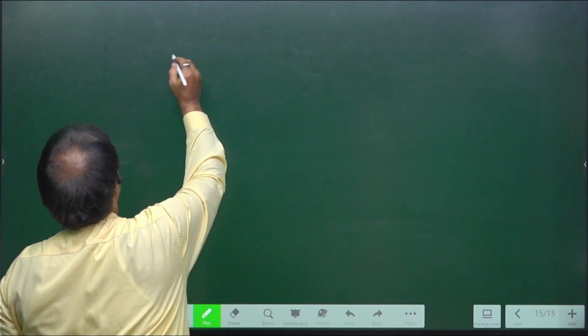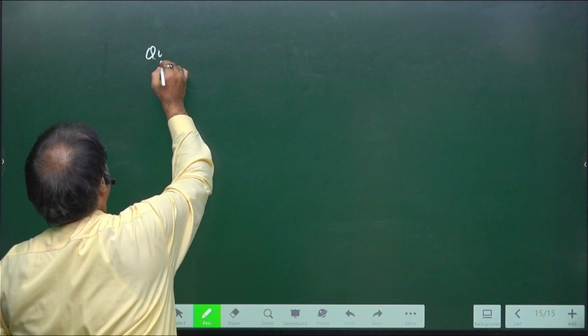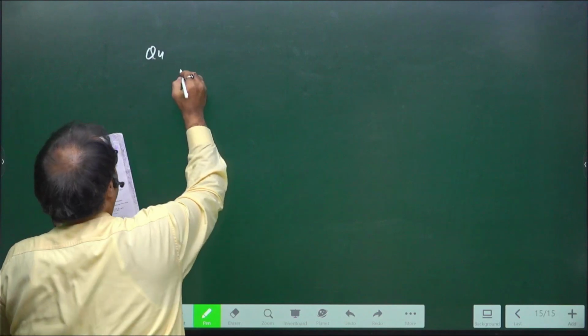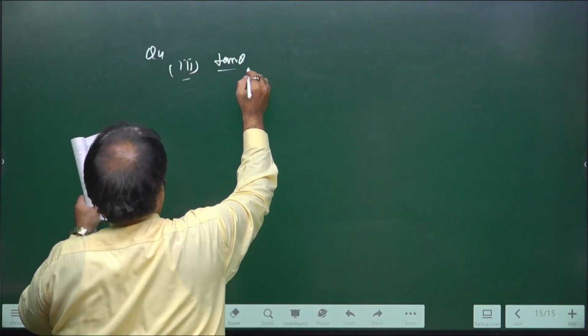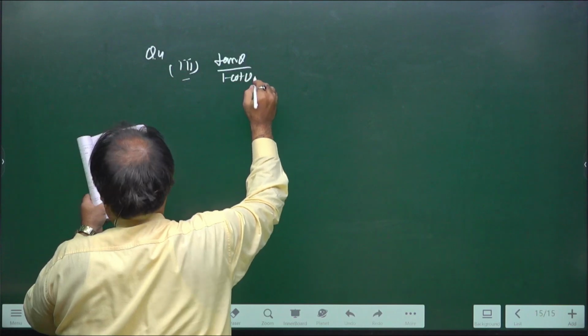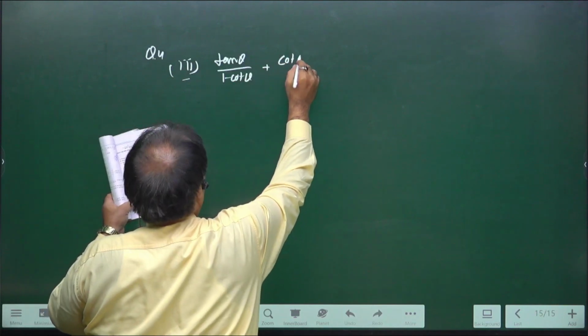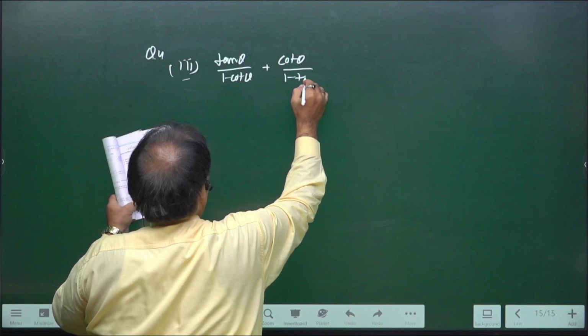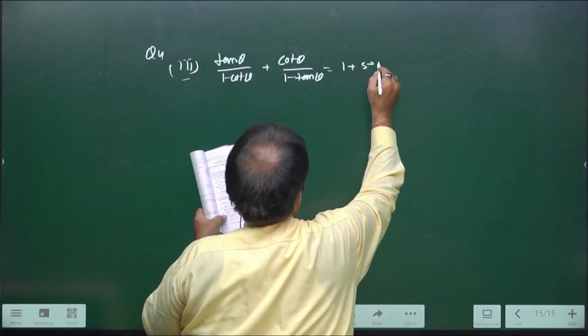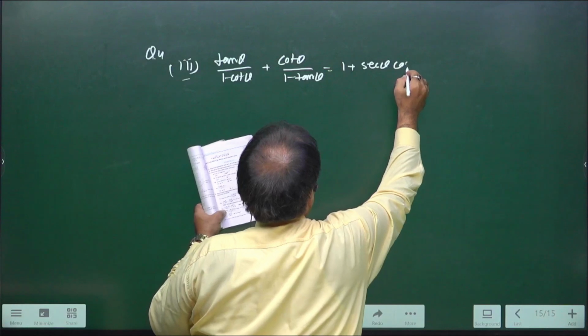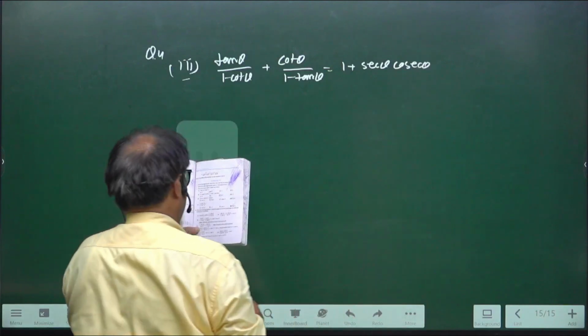Okay, so now continue this exercise. I am taking question number 4 and the third part of this question: tan theta upon 1 minus cot theta plus cot theta upon 1 minus tan theta is equal to 1 plus sec theta cosec theta, right?